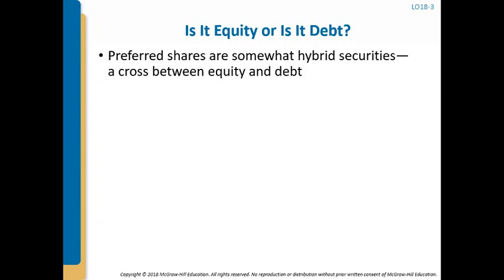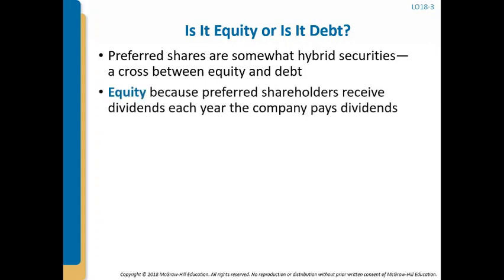Well, it seems to be a little of both, because if you look at them, they're stated at a certain percentage, and that certain percentage is the amount of interest paid through dividends to the preferred shareholders, but it's certainly a stock, so they can receive dividends.